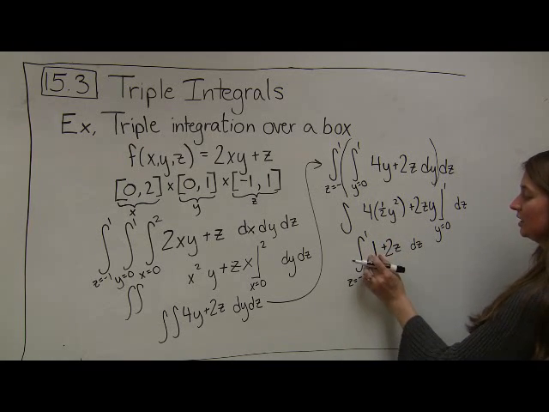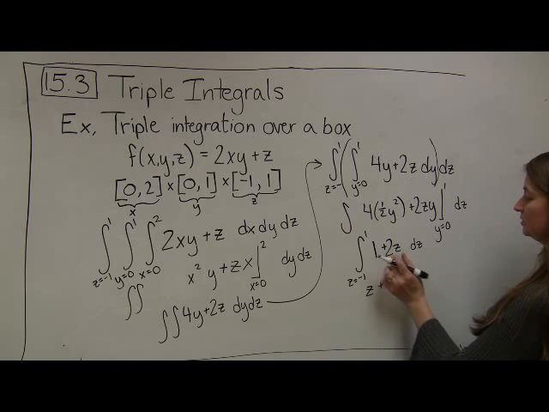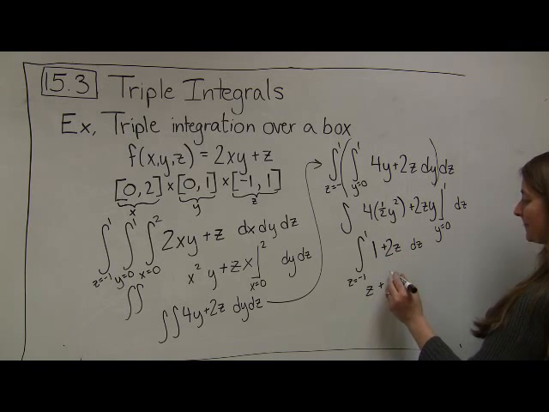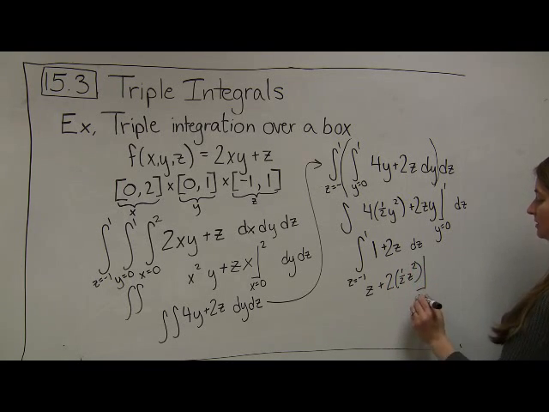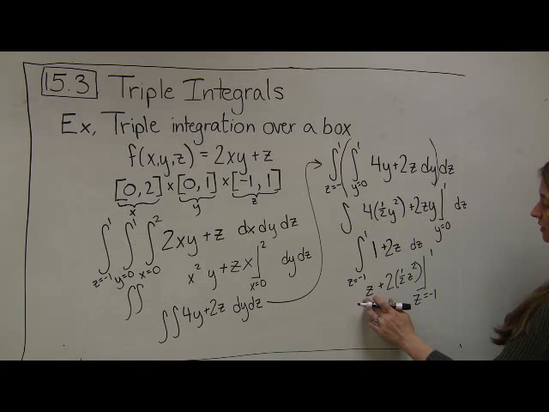I integrate this, the constant term ends up becoming 2z, plus 2z squared, I get 2 times 1/2 z squared. And I evaluate this from z equals -1 to 1. Plugging in 1 for z, I get 2 plus 2 times 1/2 times 1, which is just 1.